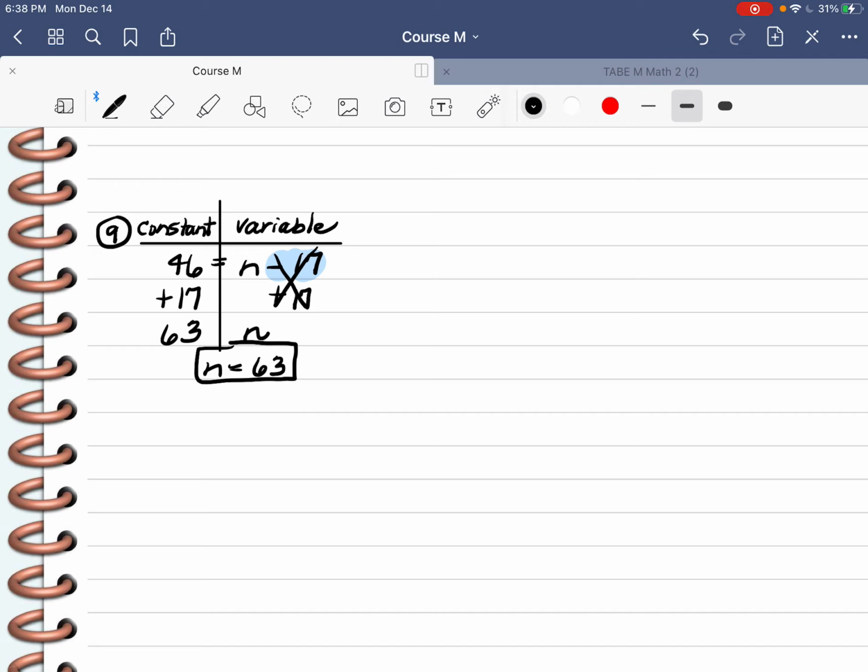And finally, number 10. Negative 6.5 equals A minus 16.3. Be careful, this one has negatives. Find your variable.